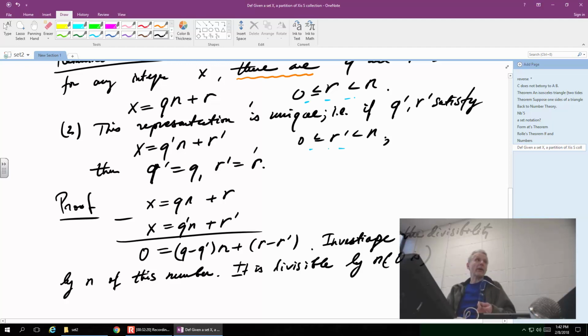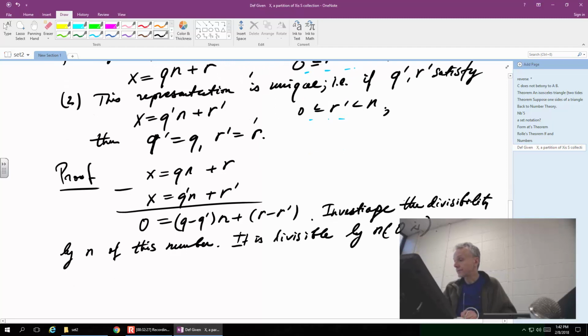Okay, now look at what's on the right. What do you see on the right? Say it again. Q minus q prime will be divisible by n. No, not q minus q prime. Q minus q prime times n is divisible by n, right?